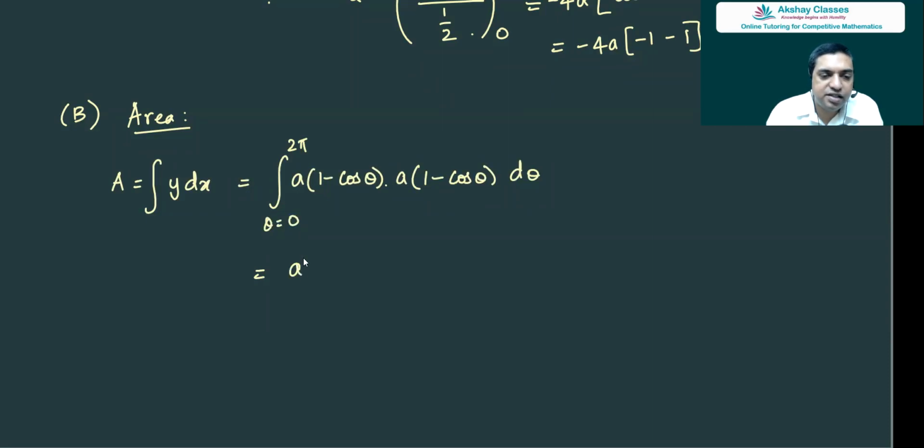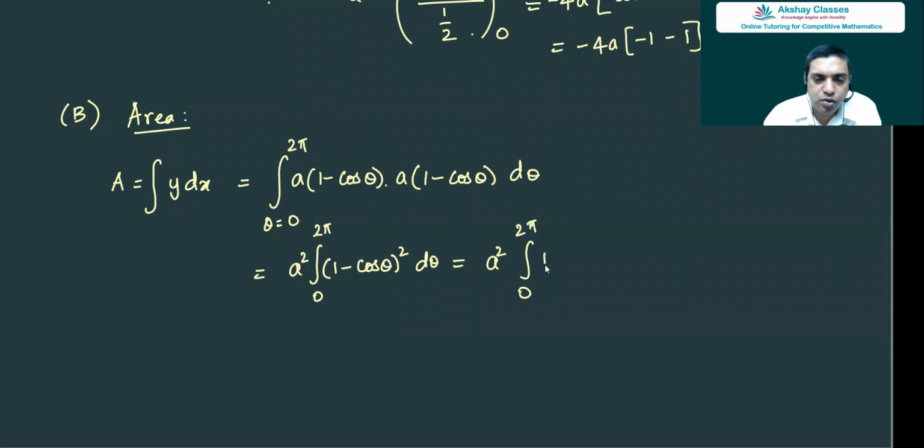So we have a square into (1 minus cos theta) the whole square, 0 to 2 pi. Of course we can do this: 1 plus cos square theta minus 2 cos theta d theta.